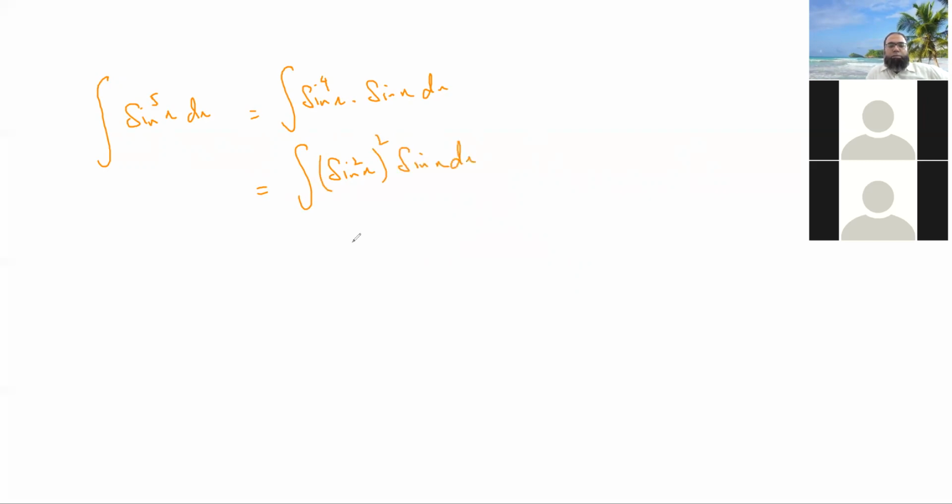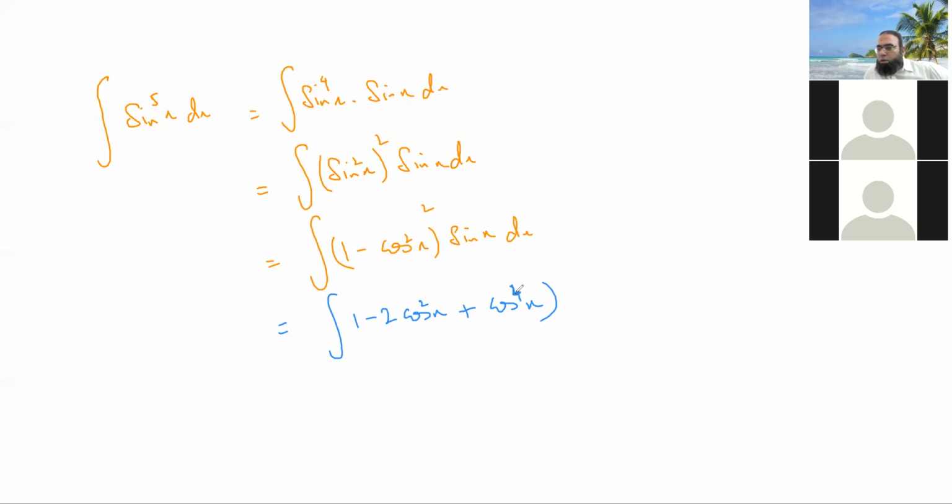We have sine x. Now this is going to be 1 minus cos square x to the power 2 and times sine x. And then we expand this as 1 minus 2 cos square x plus cos to the power 4x, and this is sine x over here.